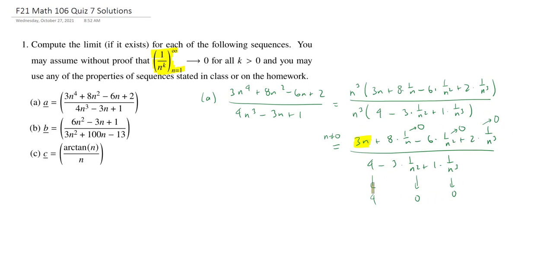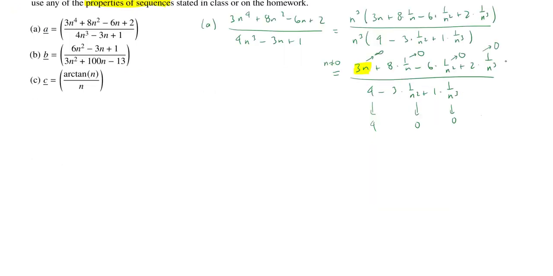And of course, we're allowed to look at it piecewise, top and bottom and within each of the summands, because of the properties of sequences. But this 3n does something different. As n goes to infinity, this 3n blows up. So we have this numerator having 4 pieces, 3 of which go to 0, but 1 of which blows up to infinity. And so this whole numerator is going to go off to infinity.